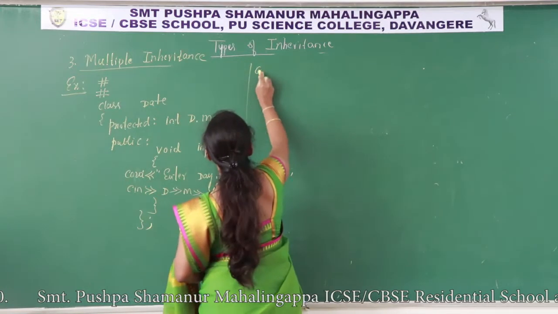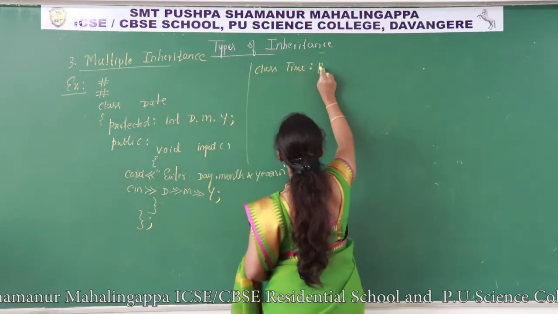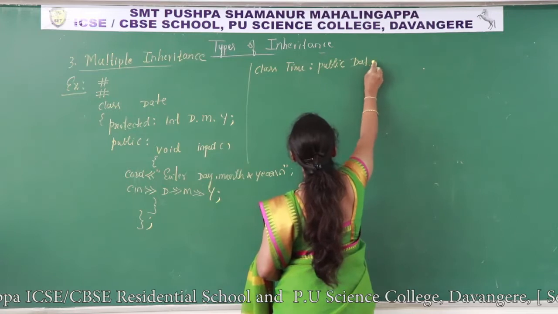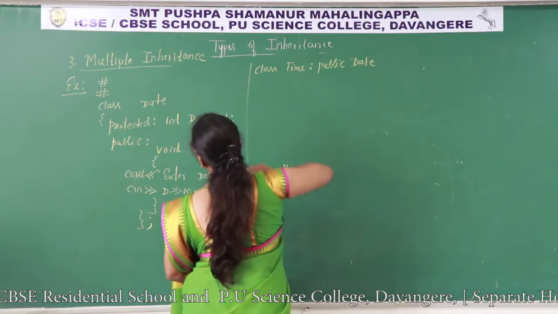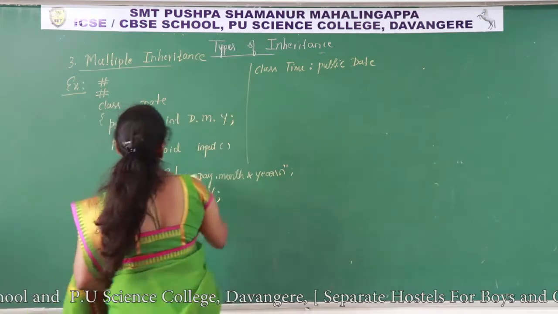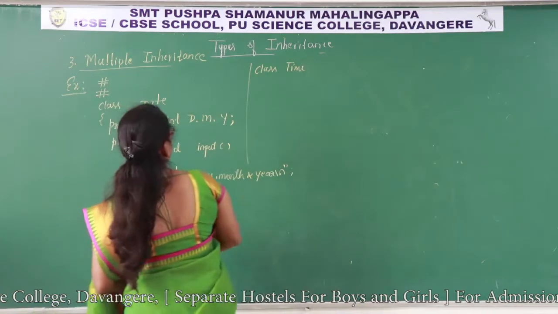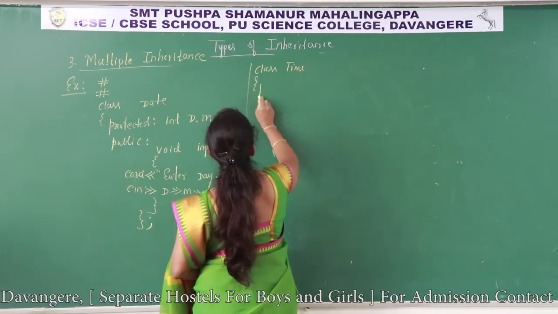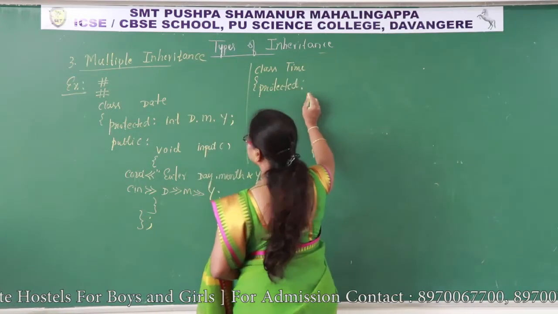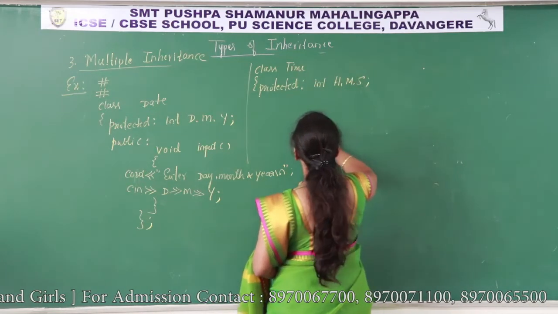One more class, class time, colon, public. What is the base class name here? Date. We have to take a separate class now, for multiple inheritance. So two separate classes must be there. Class time, in the protected section, int hour, minute and second.